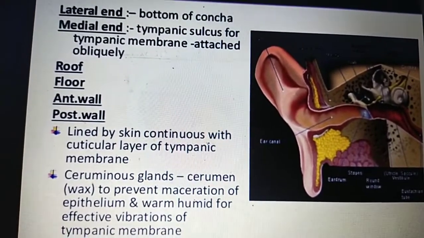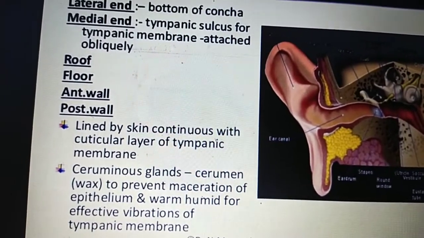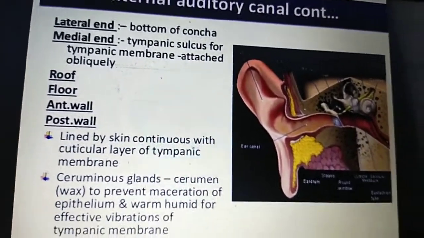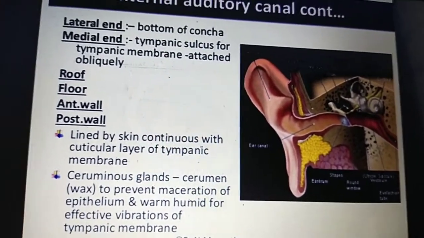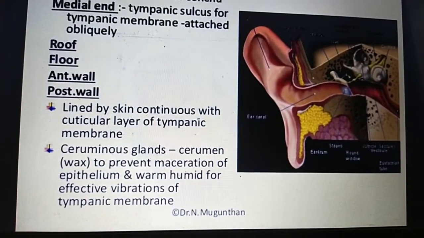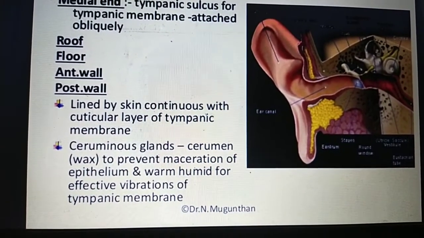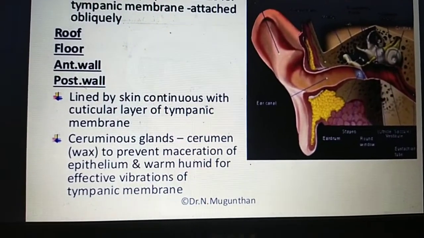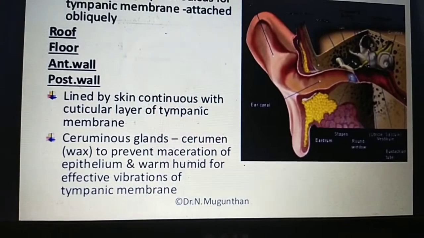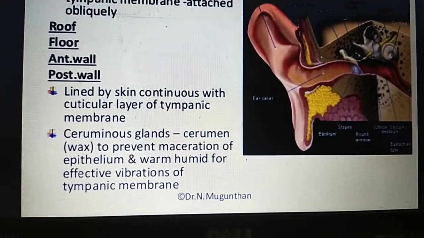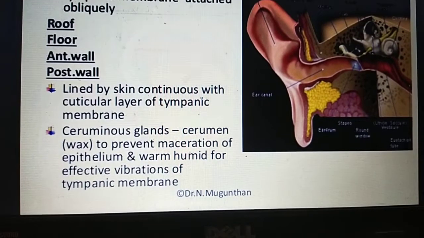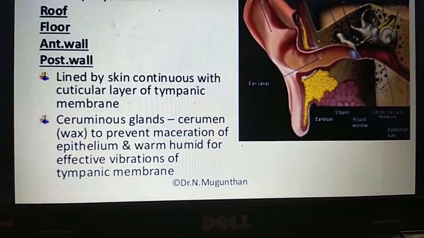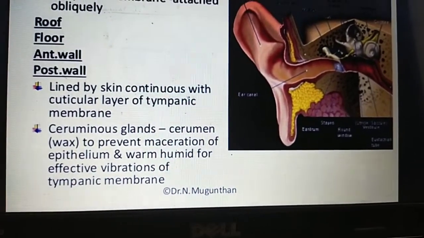The canal is lined by skin continuous with the cuticular layer of the tympanic membrane, and it also has wax glands, also called ceruminous glands. Cerumen prevents maceration of the epithelium and keeps it warm and humid for effective vibration of the tympanic membrane.